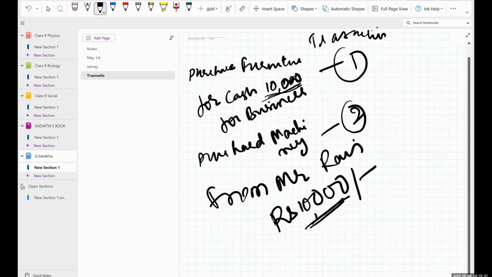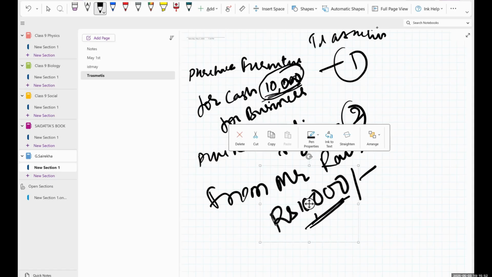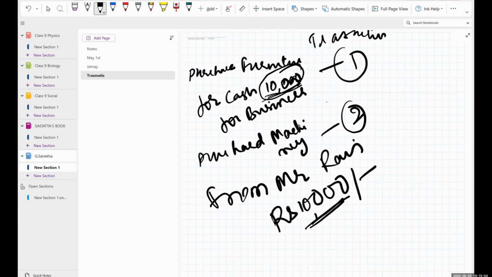Okay. Now in the first entry, you see that you purchased furniture for cash, 10,000. It means you paid cash and you purchased. Now coming to the second one, purchased machinery from Mr. Ravi, rupees 10,000. Here, did you mention that you paid 10,000 cash to Ravi?